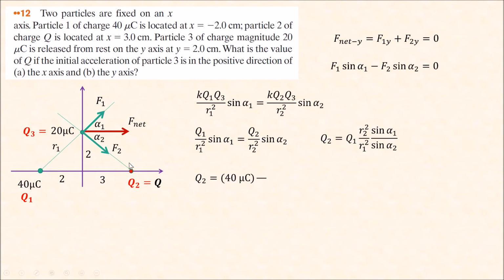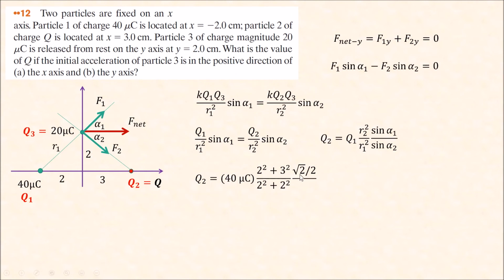R2 squared is this one, which is hypotenuse of this right triangle, becomes 2 squared plus 3 squared in centimeters squared, because the unit doesn't matter because they get canceled here. And R1 squared becomes 2 squared plus 2 squared. So that's R1 squared. The sine of alpha 1 is 45 degrees.